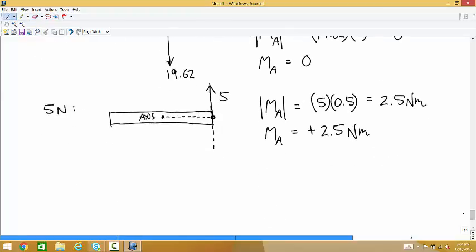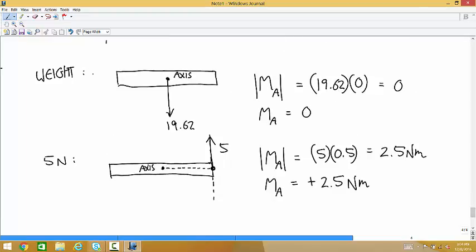And weight will be the same. What? Weight will be the same. The weight we did right above, and that didn't produce any moment because there's no distance between where it acts and the axis of rotation. Yep.